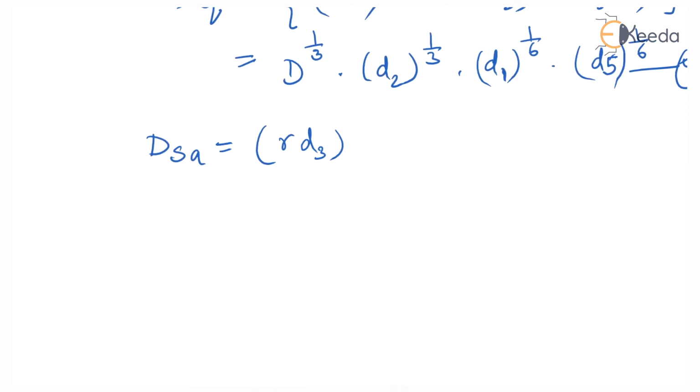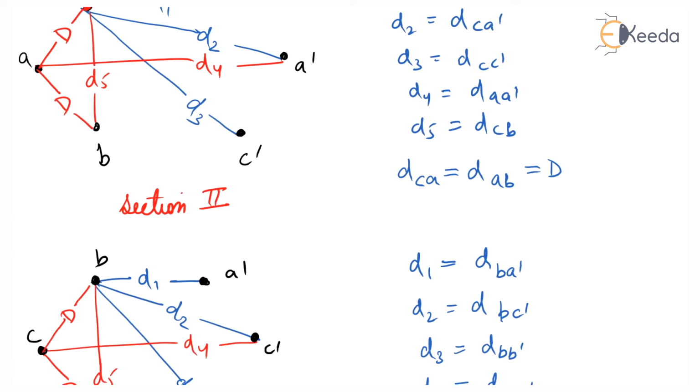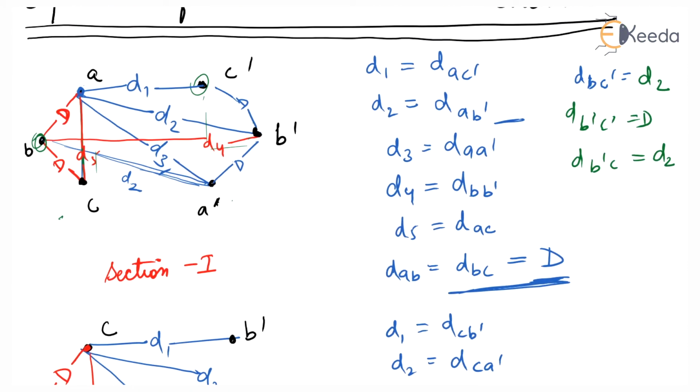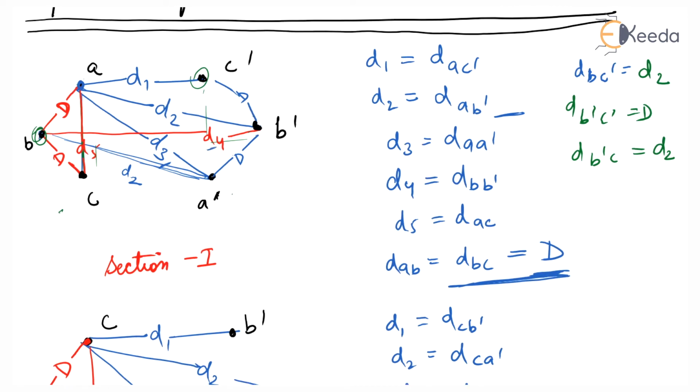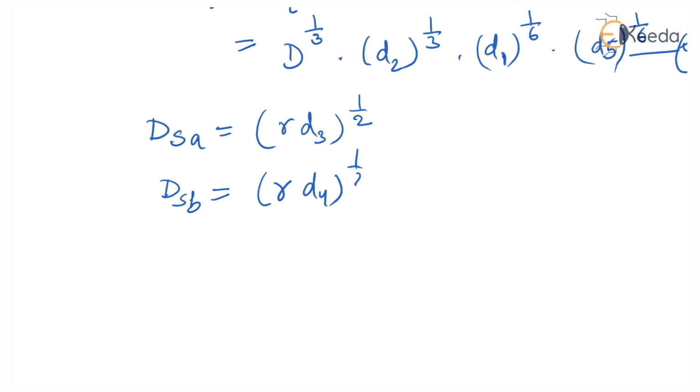Now DSB is the self GMD for B conductor. This is R, and distance from B to B dash for section 1 is D4. So R into D4 to the power 1 by 2.